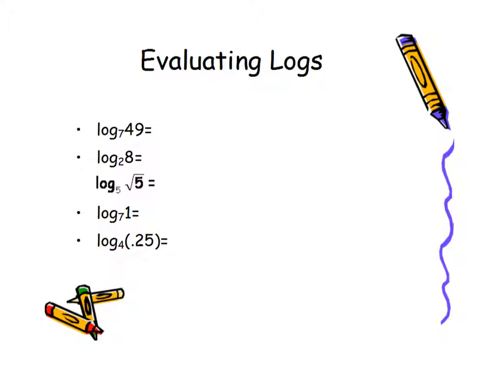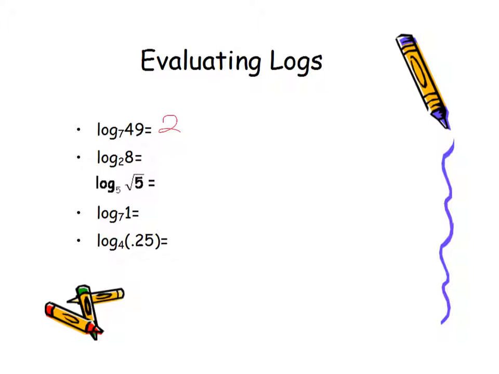You should not need a calculator for these. Recall that a logarithm is just the exponent that you need to raise the base to. If you look at this first one, 7 needs to be raised to what power to get you a 49? Well, it's just a 2.